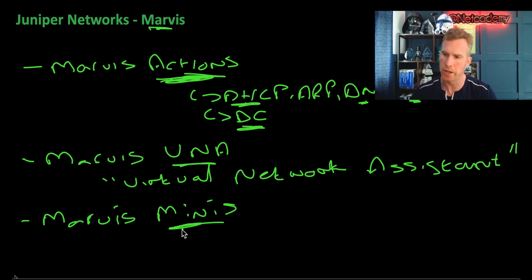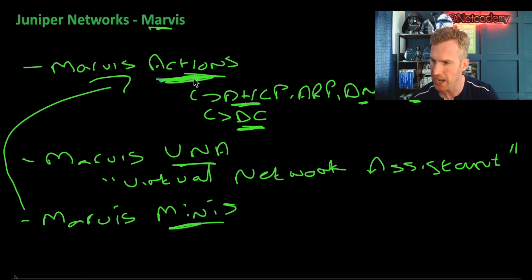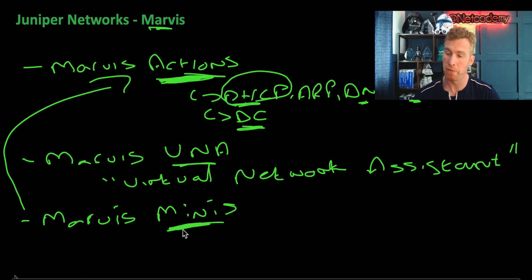If not, why not? And this then feeds up into the Marvis Actions. So if there is a problem on a particular SSID with DHCP, that's going to be picked up on the Marvis Actions via Marvis Minis. It's just there testing. So if you do a firmware upgrade, or if you deploy a new AP, or maybe you change the configuration, maybe deploy a new wireless LAN and an SSID, etc., etc. Marvis Minis is just there testing.